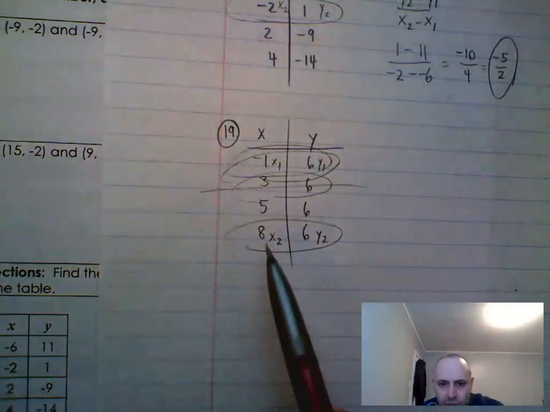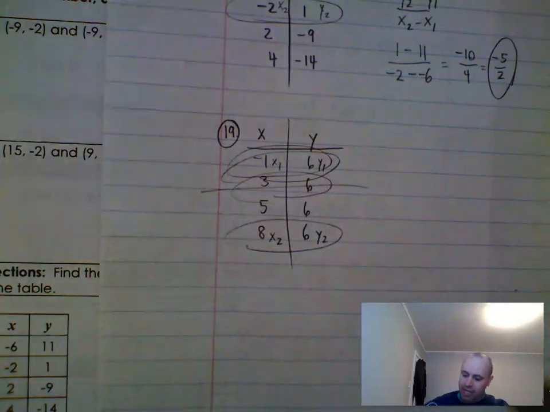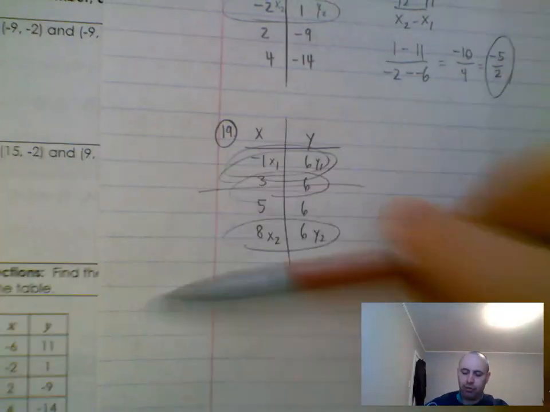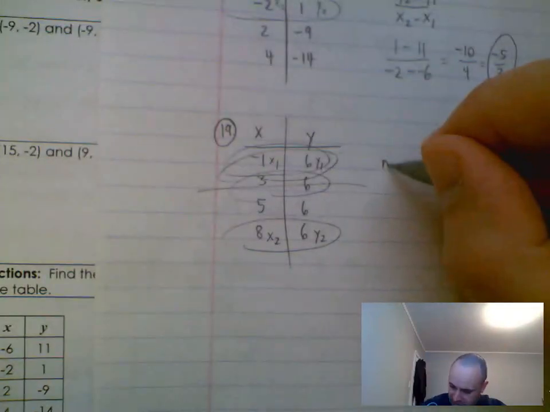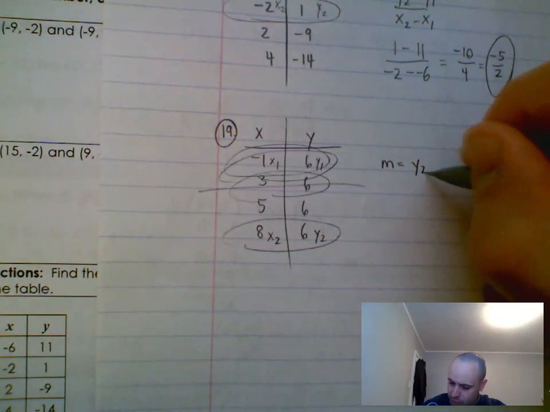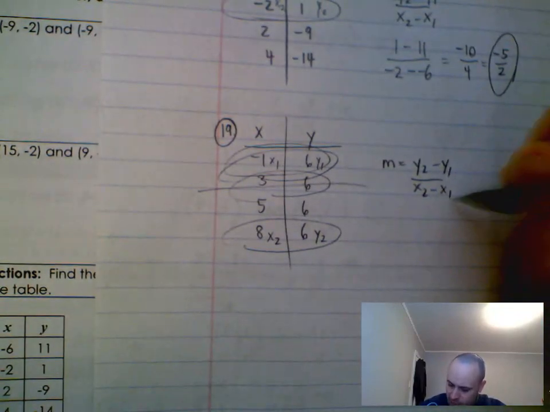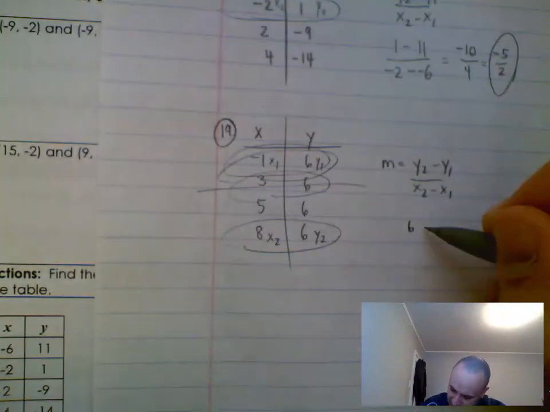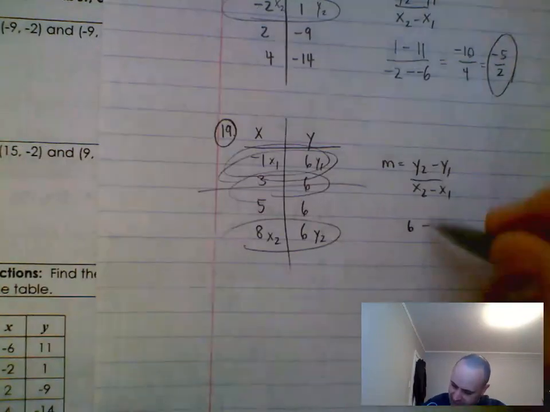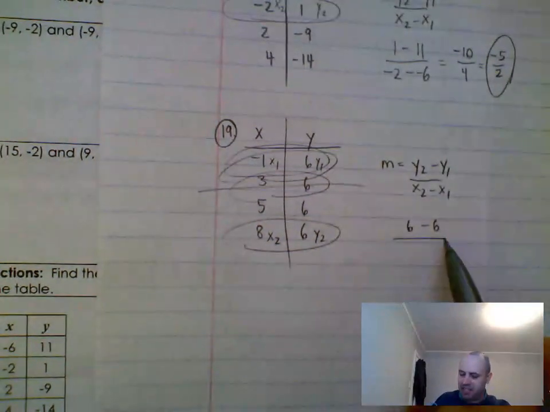As long as you make sure it's always xy, xy, and you keep them on the same level, you should be okay with whatever you pick. So the slope equals y2 minus y1 over x2 minus x1. In this case, the way I picked it, it's going to be 6 minus 6. Same with you. If you pick this one, you would have still had 6 minus 6.